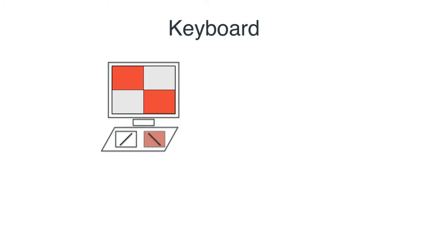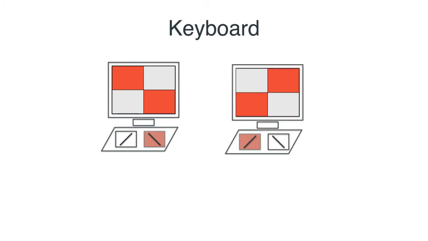Let's say we have a computer screen of 2 by 2 pixels, and when we push the backslash button on the keyboard, we have a visualization like this, and for the forward slash the visualization is just like this. So it's basically a visualization in a computer.